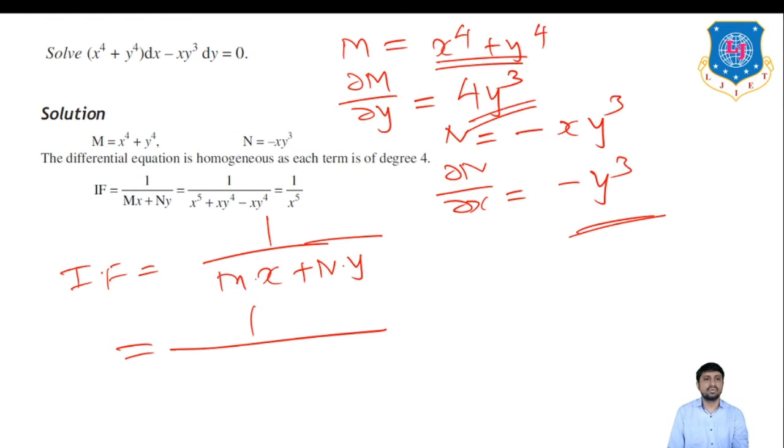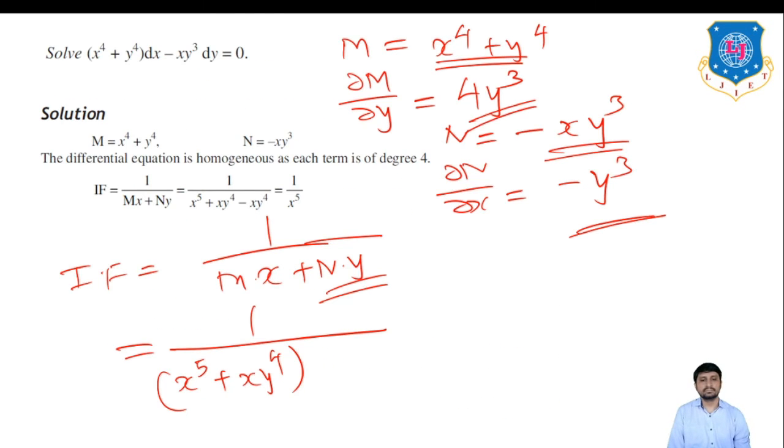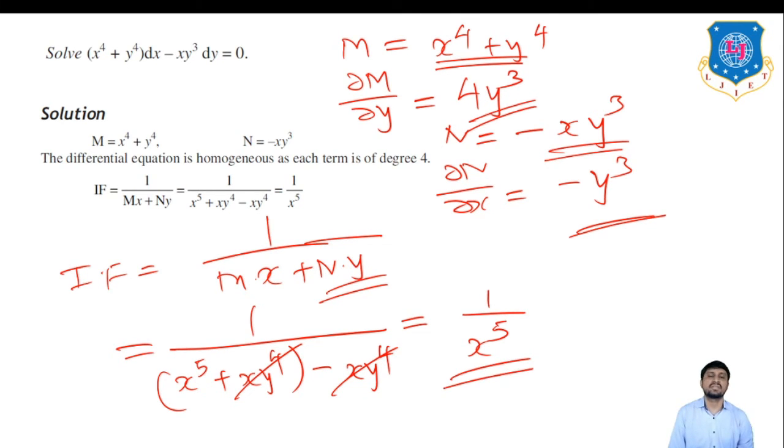M is x raised to 4 plus y raised to 4, multiplied with x, so x raised to 5 plus x y raised to 4, and plus Ny, so Ny is minus x y raised to 4. So plus x y raised to 4 minus x y raised to 4 will cancel out, so 1 upon x raised to 5, this is my integrating factor.